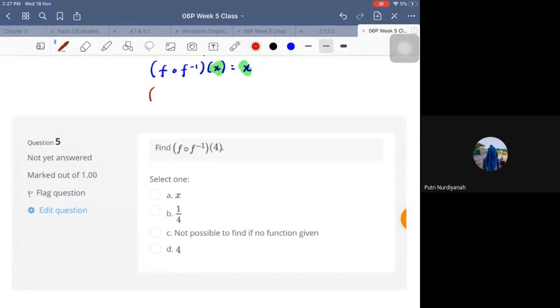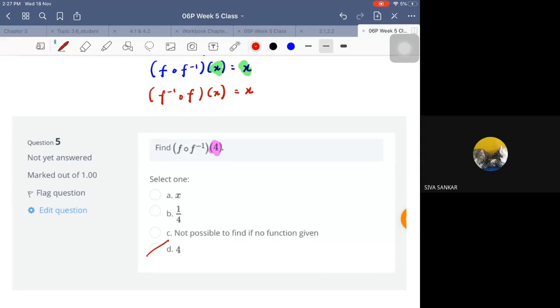If I put f inverse in front, and I composite that with the function f, it's going to be the same idea. This is still going to be x. Now all I did is that instead of x, the value is going to equal 4. Can anyone tell me what is going to be the answer? 4. Exactly. So the answer is going to equal 4.